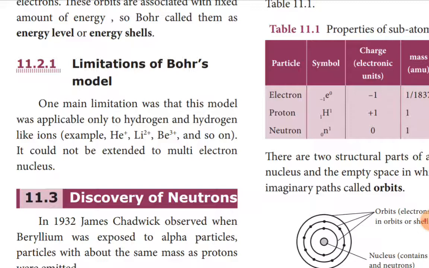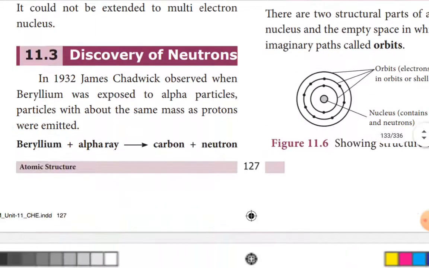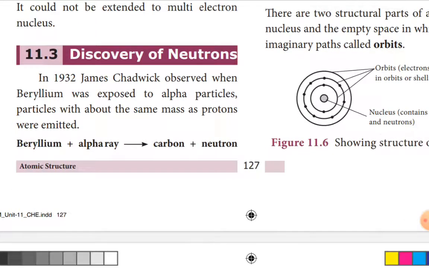So then what is the next one? The discovery of the neutron. In 1932, James Chadwick, you have to underline, the scientist James Chadwick discovered the presence of the neutron in the nucleus of an atom. He observed that when beryllium was exposed to alpha particles, particles with about the same mass as a proton were emitted.